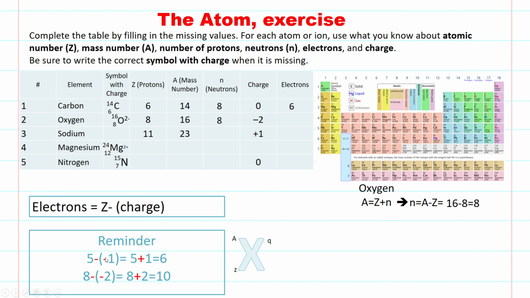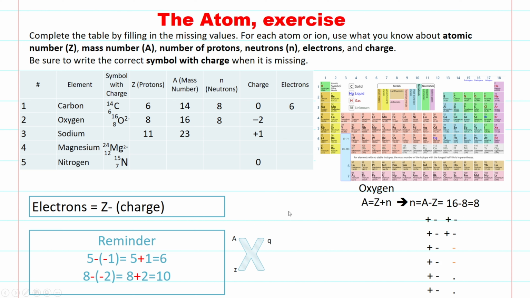If the charge is negative, subtracting a negative becomes adding. For example, 5 minus negative 1 is 5 plus 1 is 6. The minus becomes plus. Now back to our atom, we have 8 minus negative 2. 8 plus 2 equals 10 electrons.